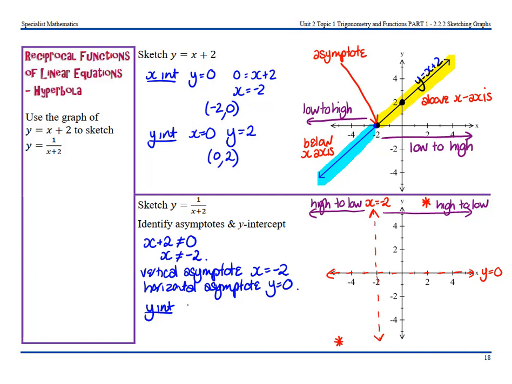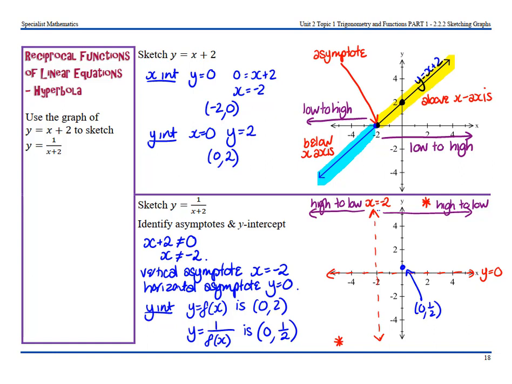Our y-intercept of y equals f of x is 0, 2. So for y equals 1 over f of x, it's going to be 0, 1/2. So I'll put that in as well.